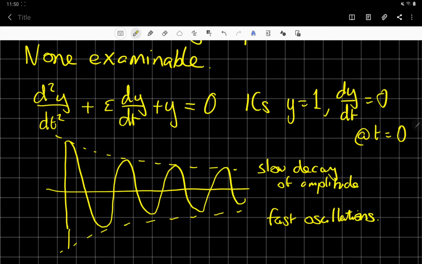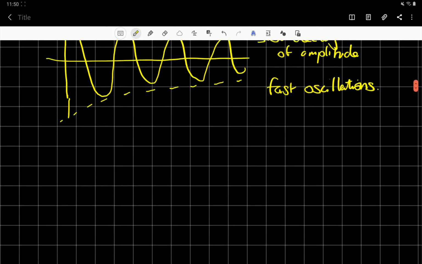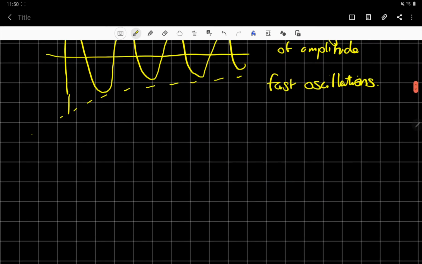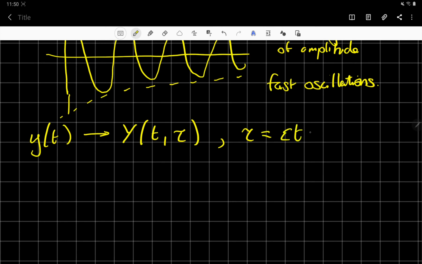So with the context of the two-scale method, the standard approach is to say, let's take y of t, and substitute in y of t and tau, where tau is epsilon times t.